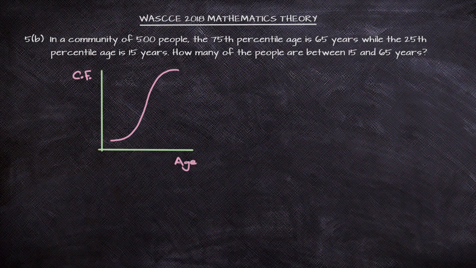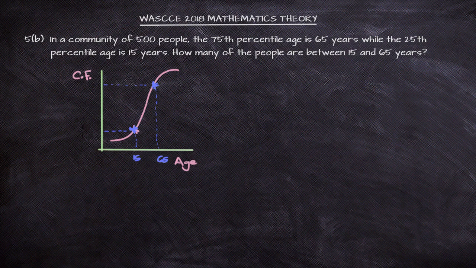Now we are told the 75th percentile and the 25th percentile. If you are to depict that on the diagram, here we have 25th percentile corresponding to some age and 75th percentile corresponding to some age. Now, this is 65 years and the other is 15 years.